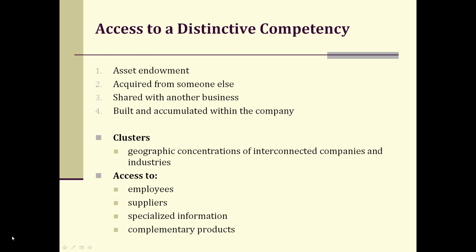So a corporation can gain access to a distinctive competency in 4 ways. 1, it might be an asset endowment, such as a key patent coming from the founding of the company. 2, it might be acquired from someone else. 3, it might be shared with another business unit or alliance partner. 4, it might be carefully built and accumulated over time within the company.